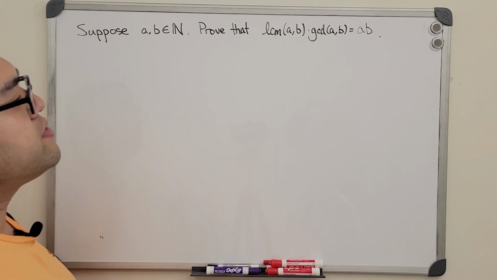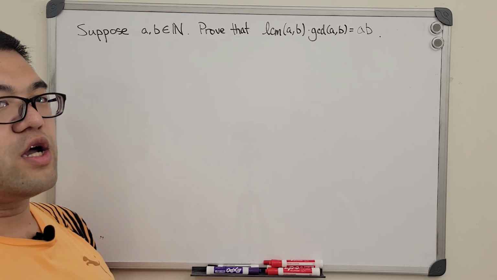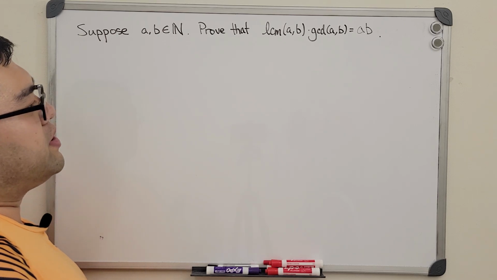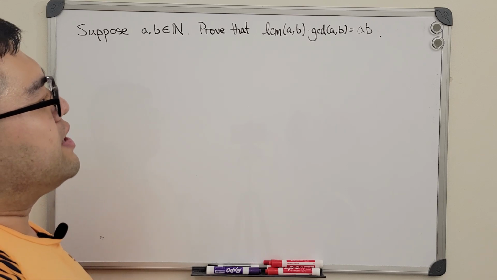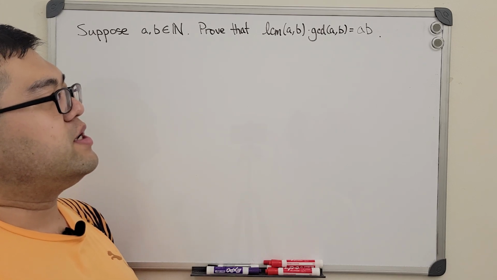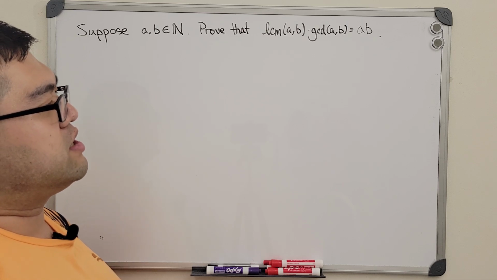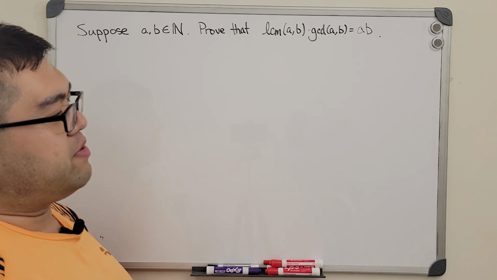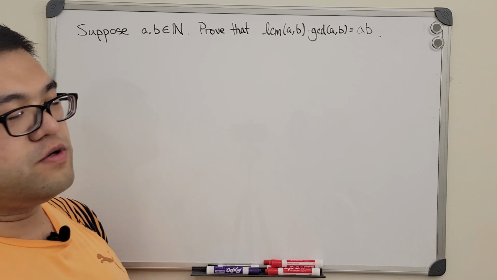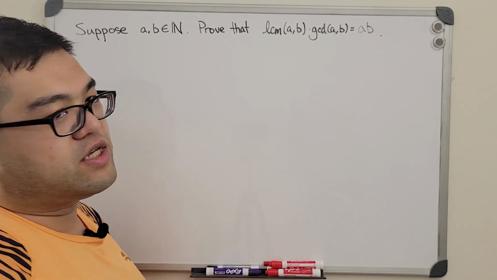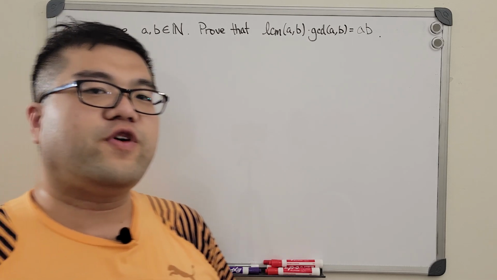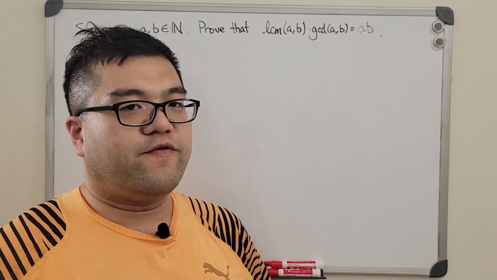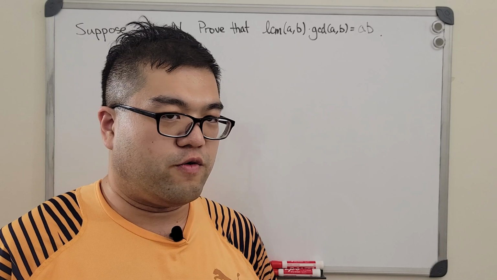So we will take off the trivial case when A or B would be 0. Then we're going to prove that the LCM of A and B and the GCD of A and B, if we take the product of those two, it will give us A times B. So before we move on, you can pause the video and try yourself first. Are you ready for it?